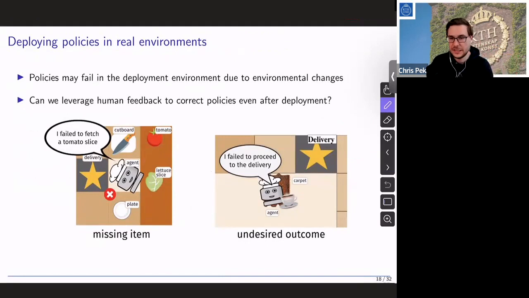Or you have some undesired outcome, which I explained to you in the beginning, when we have a robot that suddenly encounters a carpet that was not there in the simulation environment and it gets stuck on the carpet. How can we use human feedback in order to correct the policies even after they have been deployed to a real system? In this way, I want to talk about how we can use that human feedback to create shields that adjust the policy so that we avoid the failures.